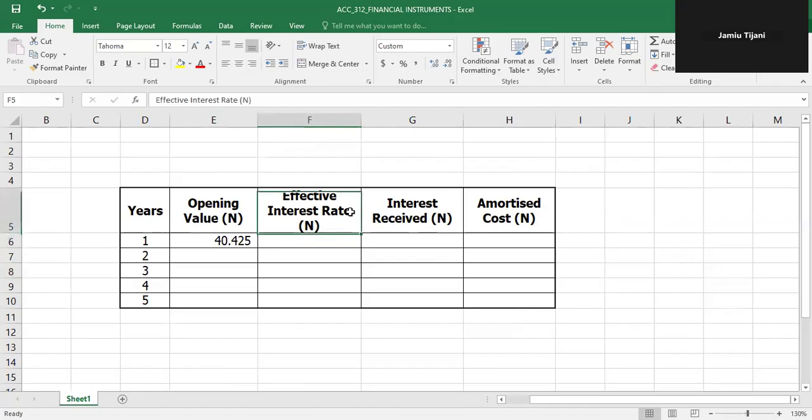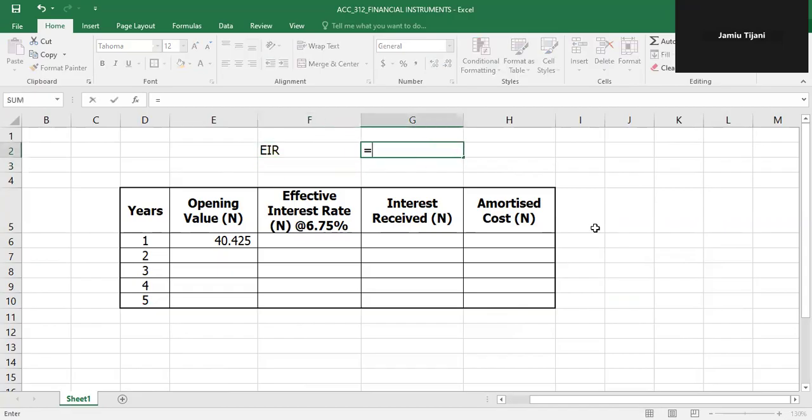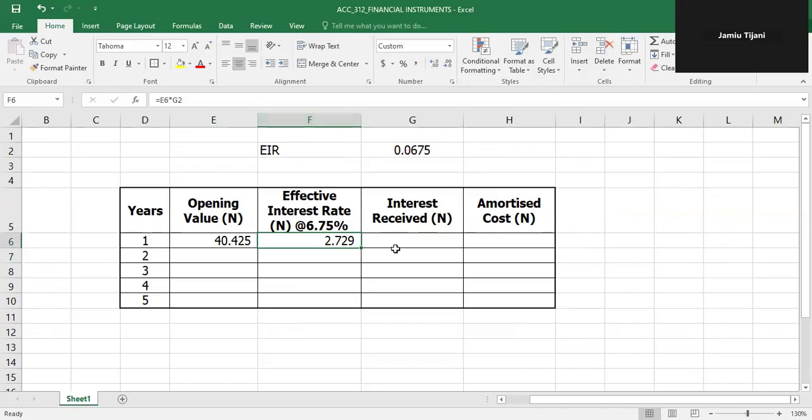The effective interest rate, EIR, is 6.75%, that is 6.75 divided by 100. This is our rate, so I'm going to multiply this on this. The essence of this effective interest rate is that it will increase the value of that investment.